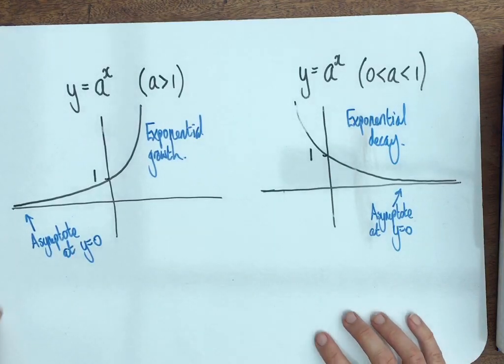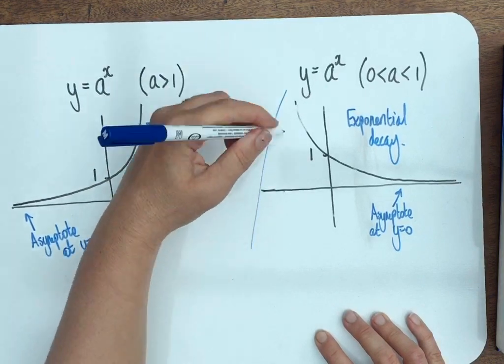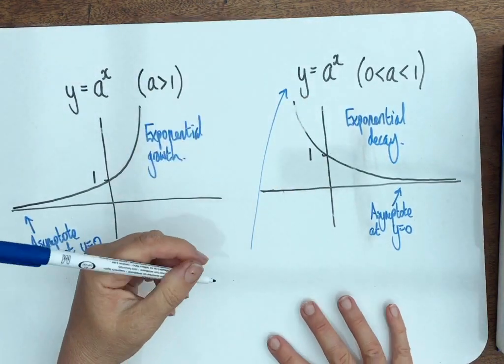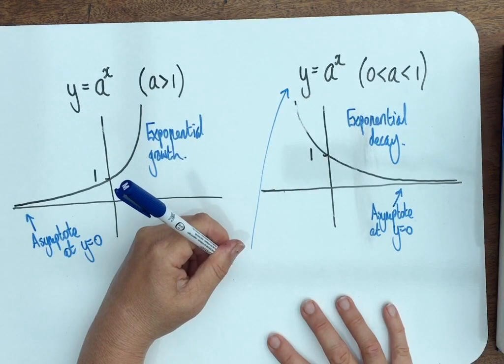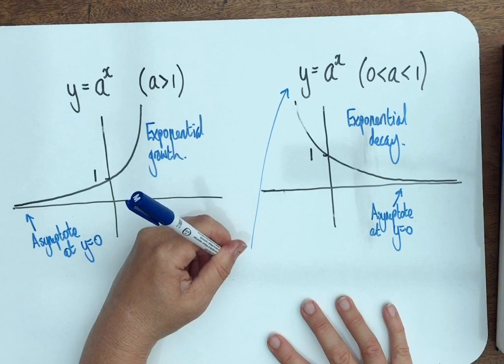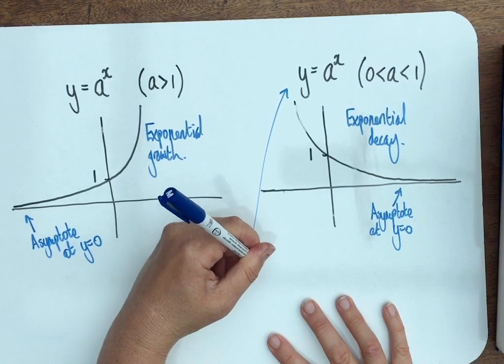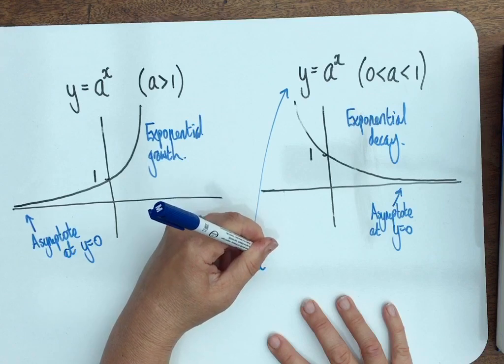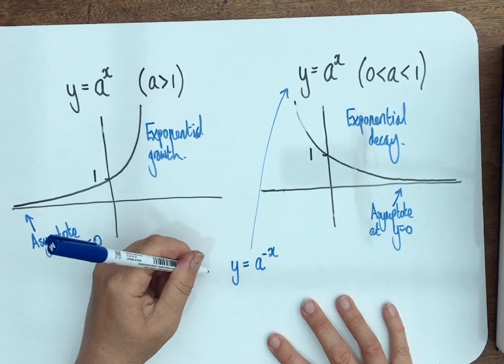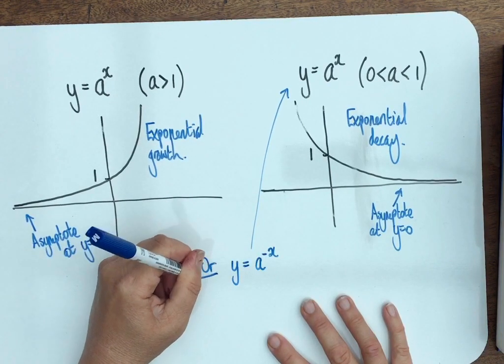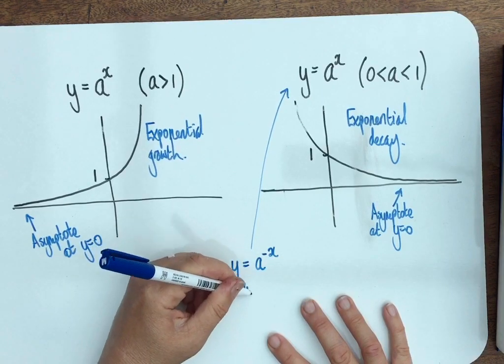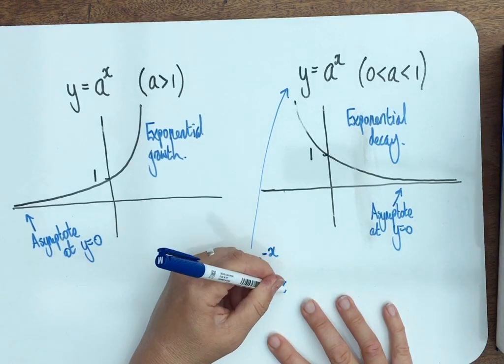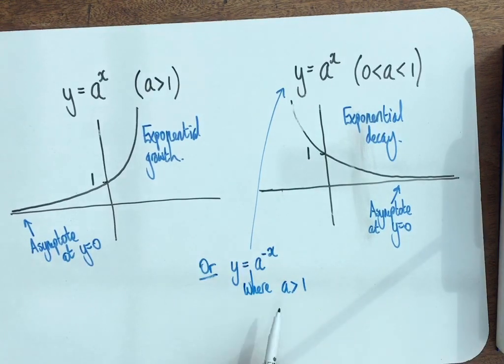The other way this could look is that y could equal a to the minus x. So it could be in that form where a is bigger than 1, and that will also give you exponential decay.